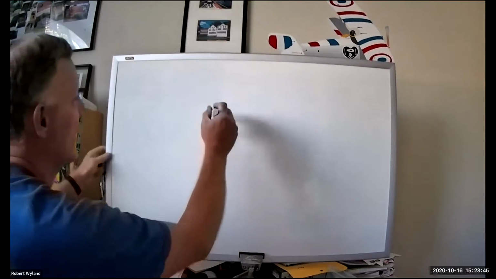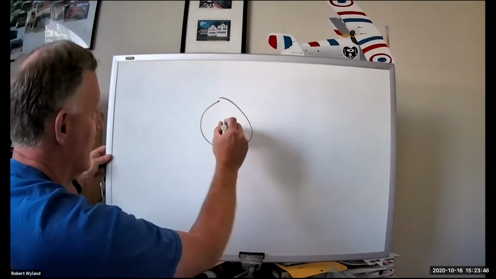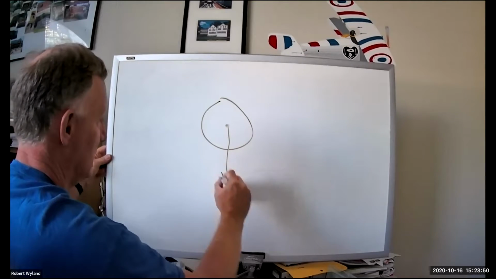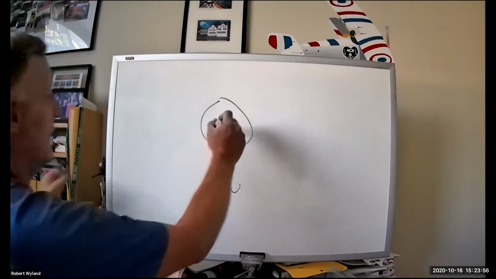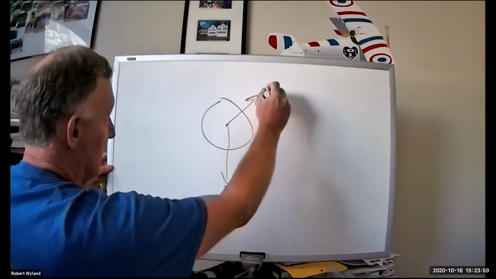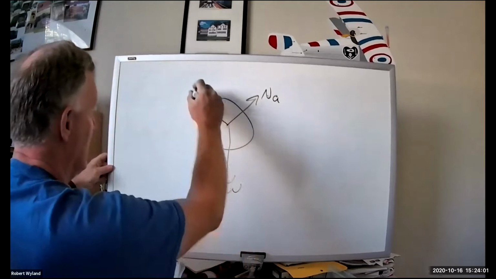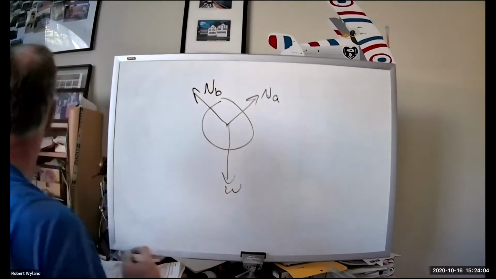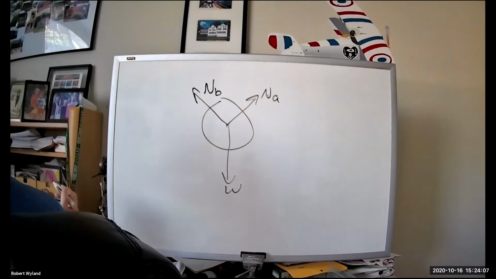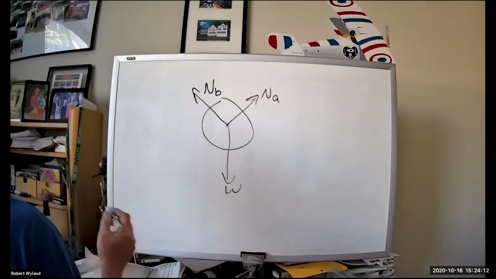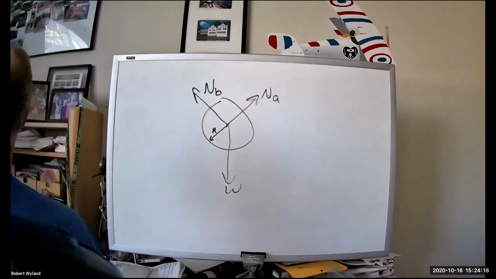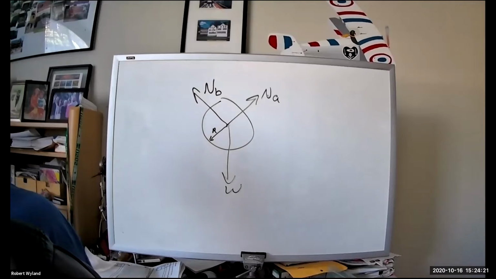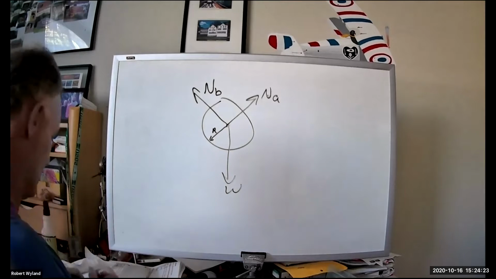A lot of people will have this as their can, and they'll do this, and go W, and then they'll say, okay, now let's put the normal forces in, and they'll draw them like this. And they'll tell me, it's the same, isn't it? It's not the same. Why is that? If you actually have some distance here, R, and if it was some other kind of force, it might create a moment. So you don't draw it like that.